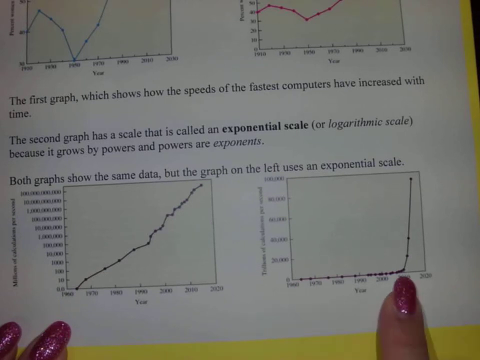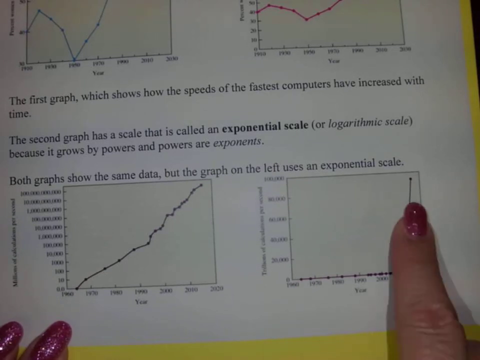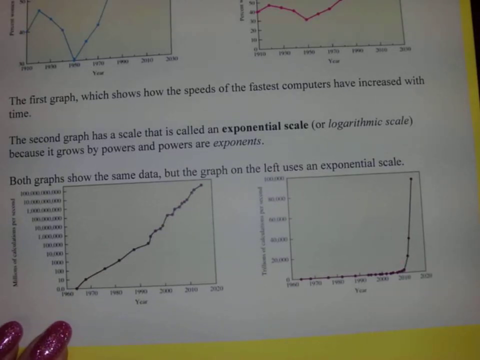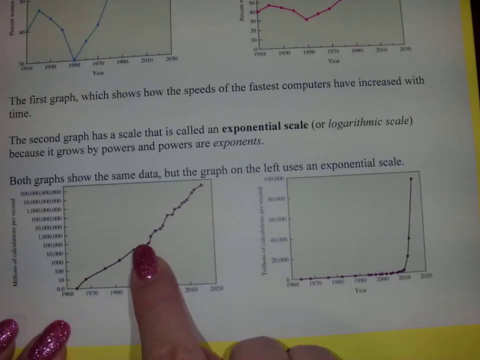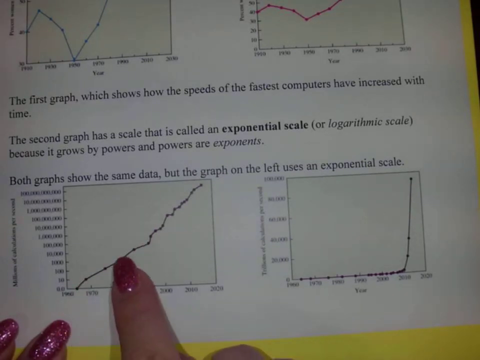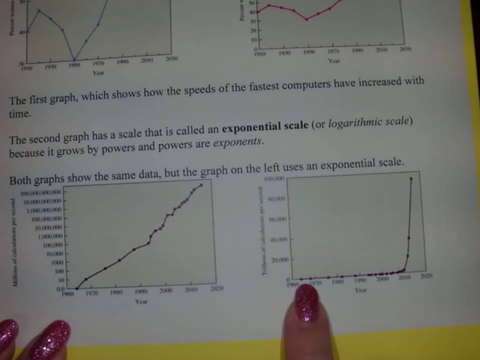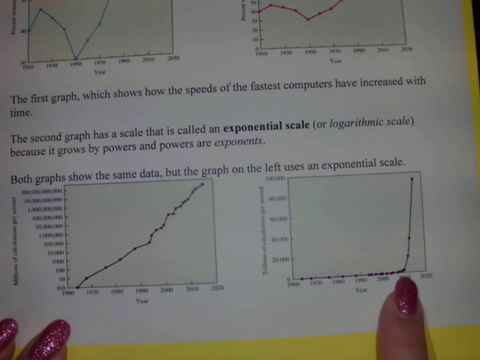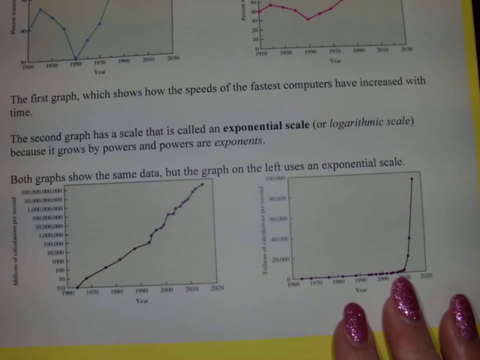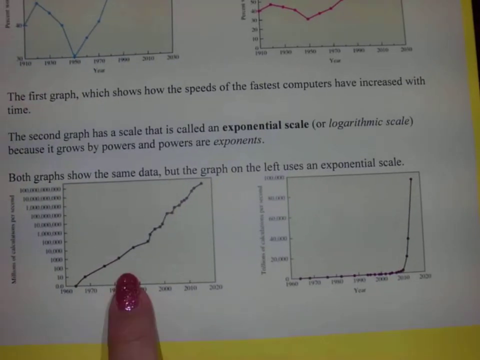But when they changed it to an exponential one, holy snikes, that jumps. This one kind of shows what we would expect, that computers got faster and faster and faster. But this makes it look like they didn't gain any speed at all, and then all of a sudden they went crazy. So just be aware of what you're looking at in comparison, okay?